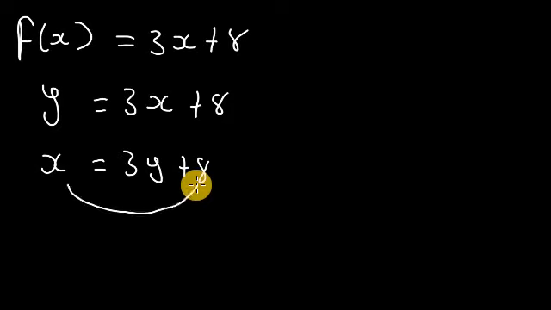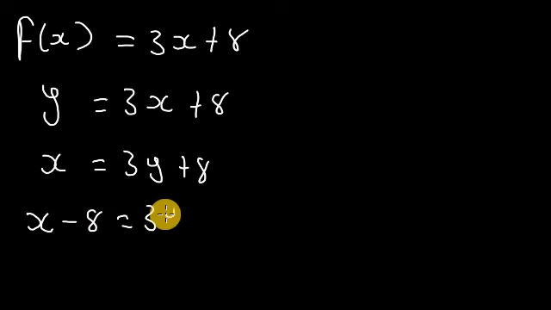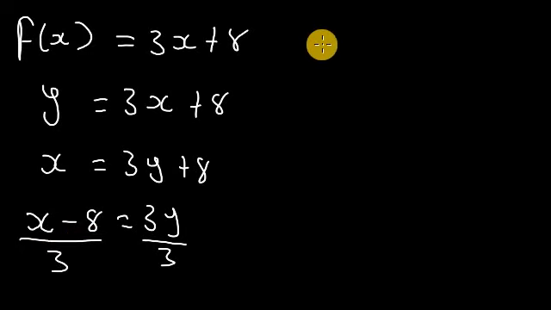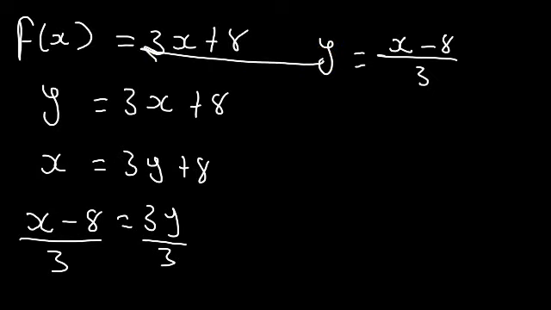Doing that, I should have x minus 8 equals 3y. Then lastly, I'm going to divide both sides by 3. And finally, y will be equal to x minus 8 divided by 3. And this is the inverse function of f of x.